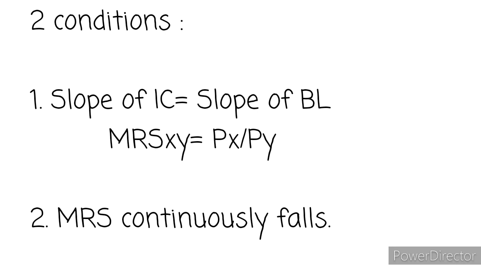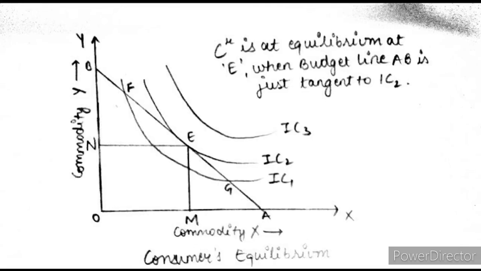So let's see it graphically. On x-axis we take commodity X, on y-axis we take commodity Y, and there are three ICs, IC1, IC2 and IC3, and the budget line is AB. So where is the consumer's equilibrium? Consumer's equilibrium is at E, where IC is tangent to the budget line. On IC1, F is also touching the budget line, but it's not tangent there.